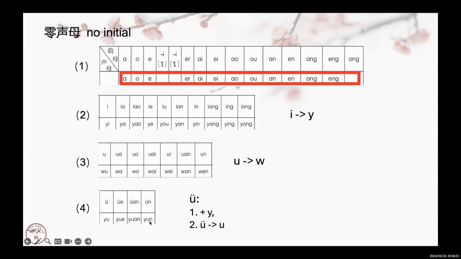So these are the four scenarios where we should add or change something in the final part to make a valid syllable. When you see this pinyin, you should be able to understand what the initial part is, what the final part is, and why it's this kind of combination.